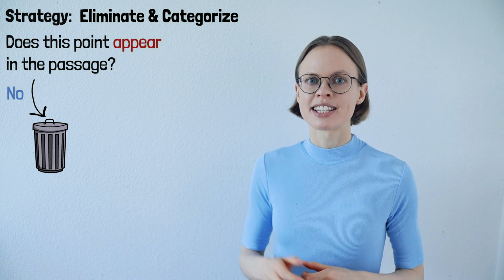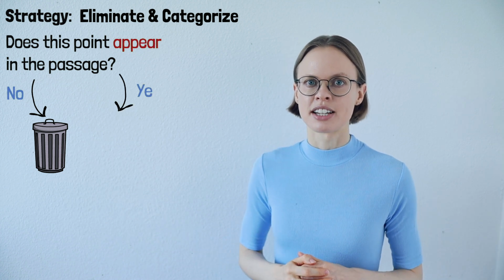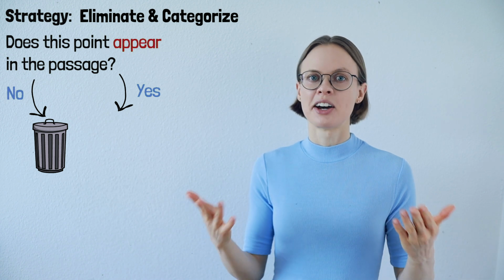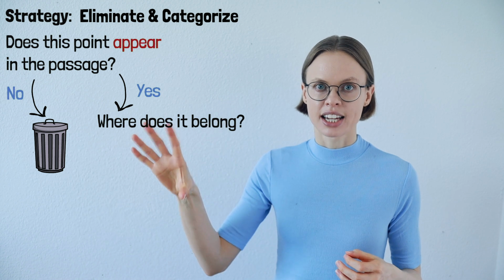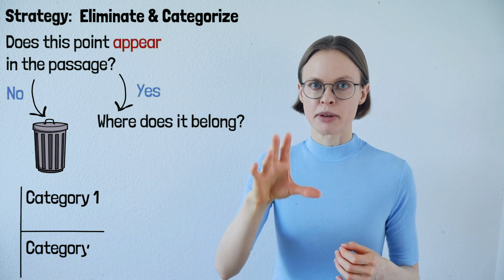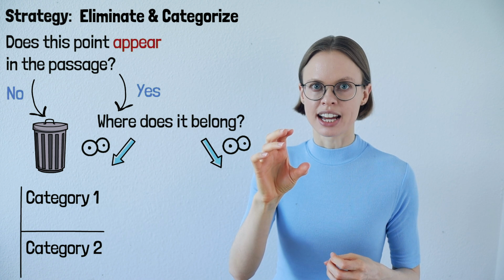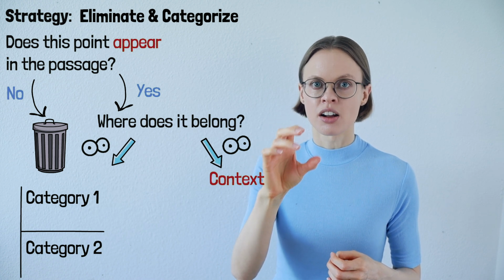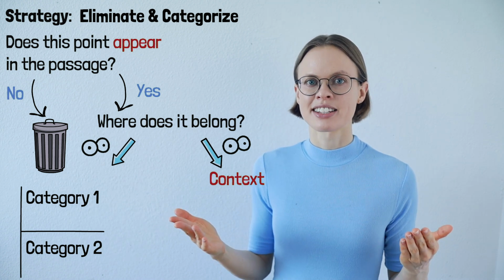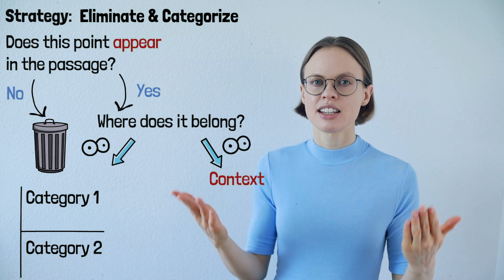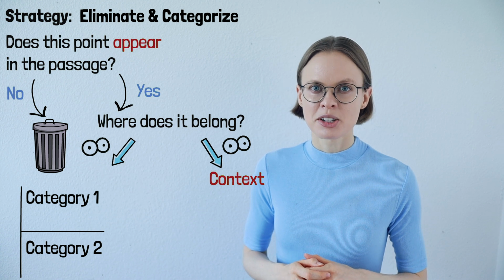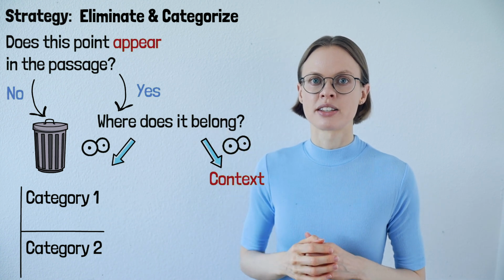If the answer choice appears in the passage, you have to think, okay, where do I put this answer? Have a look at the categories, have a look at the passage, have a look at the context in which this answer choice appears. The context can be very helpful in this situation because it indicates into which category this answer choice belongs.